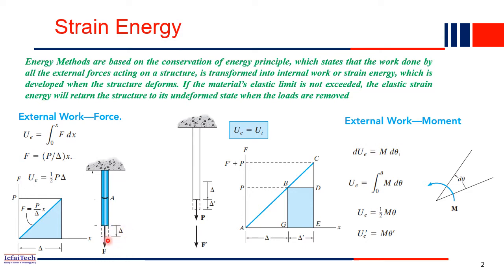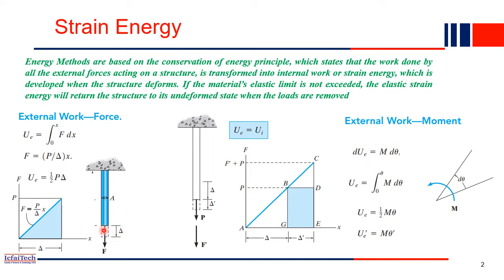So whenever we apply any load into a structure, basically we do some work. As you recall, in the 11th and 12th standard, you have studied the work done. So work done is nothing but force into distance. But the load F is applied here, and because of the application of load, the deflection delta happened.